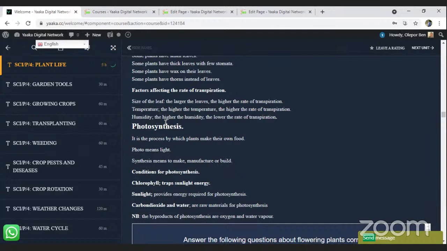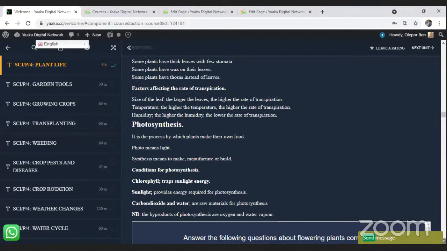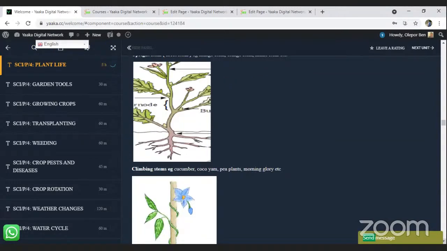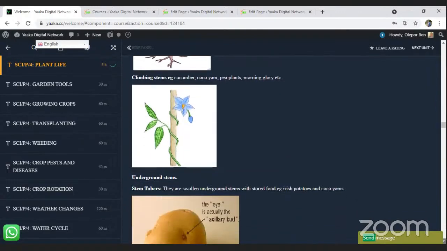So I need to give you all of them so that when you go to P6, it's just a revision. Then after that, you look at photosynthesis. After photosynthesis, you look at stems. We have upright stems or erect stems, climbing stems, and then underground stems.